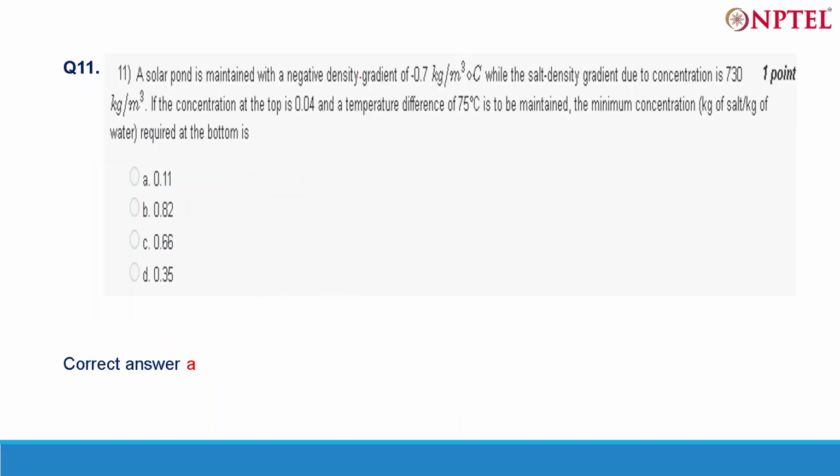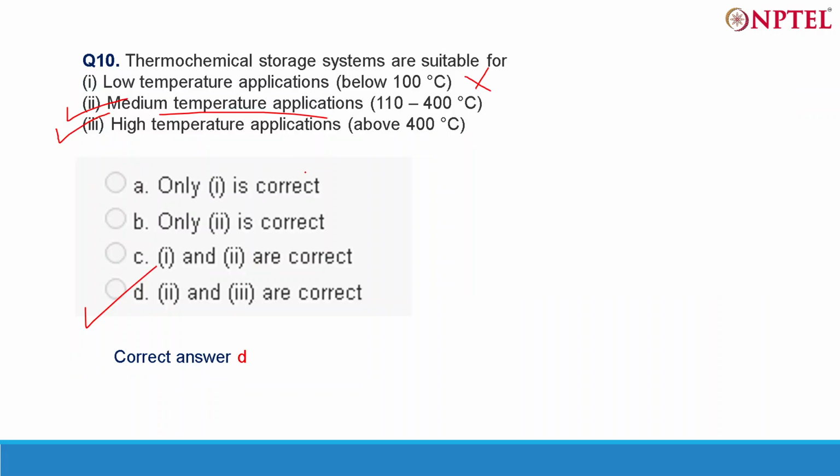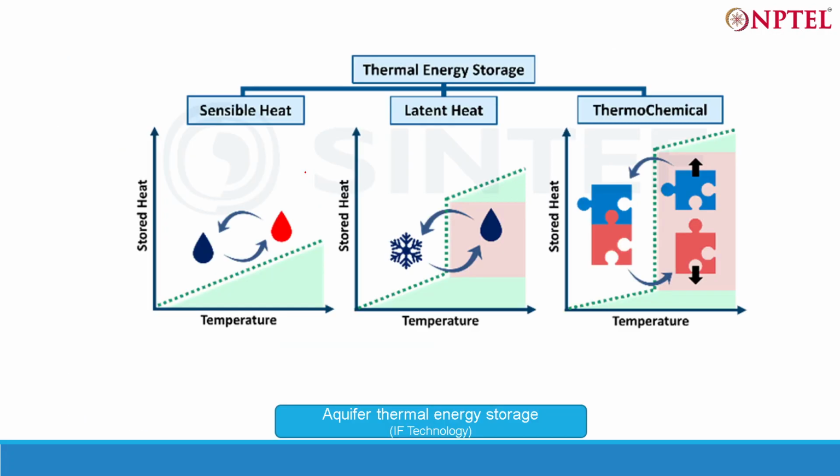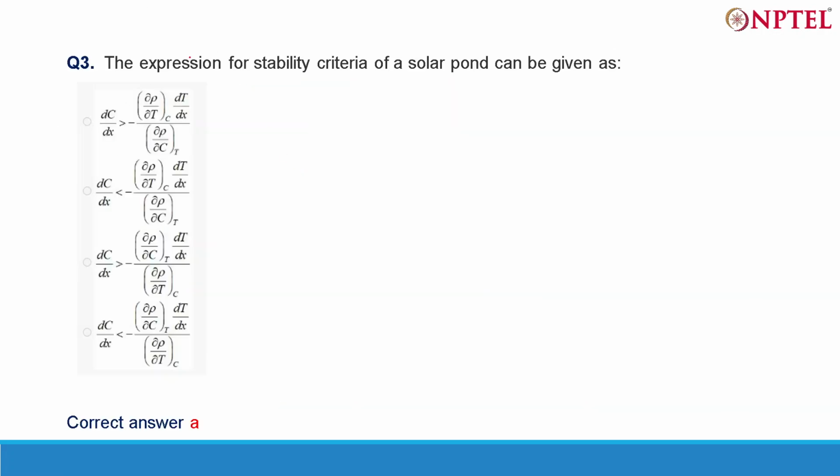A solar pond is maintained with negative gradient and gradient due to concentration in this much. So if the concentration at the top is 0.04 and the temperature difference, the minimum concentration of the water required. So I think this type of question was also solved. You can use this formula here to solve it.